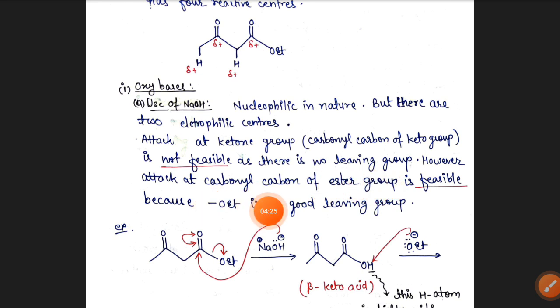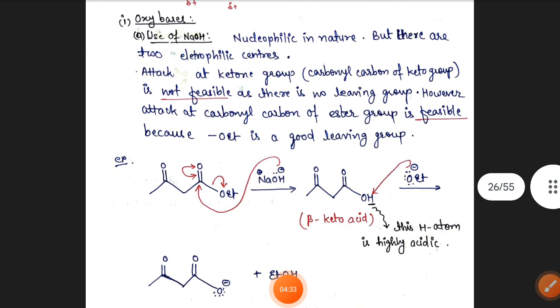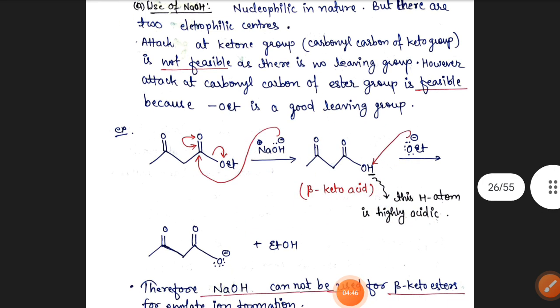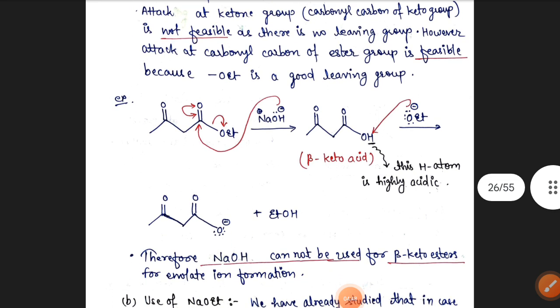However, attack at the carbonyl carbon of the ester group is feasible because OEt, that is ethoxide, is a good leaving group. So here the attack is on the ester carbonyl group. Basically, a beta keto acid is formed, but beta keto acids are highly acidic.